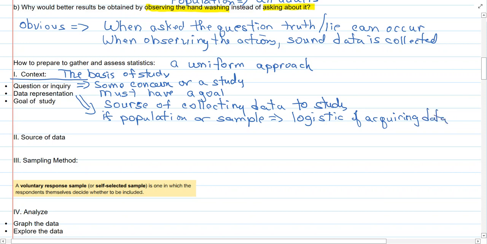And the goal of the study is the result.